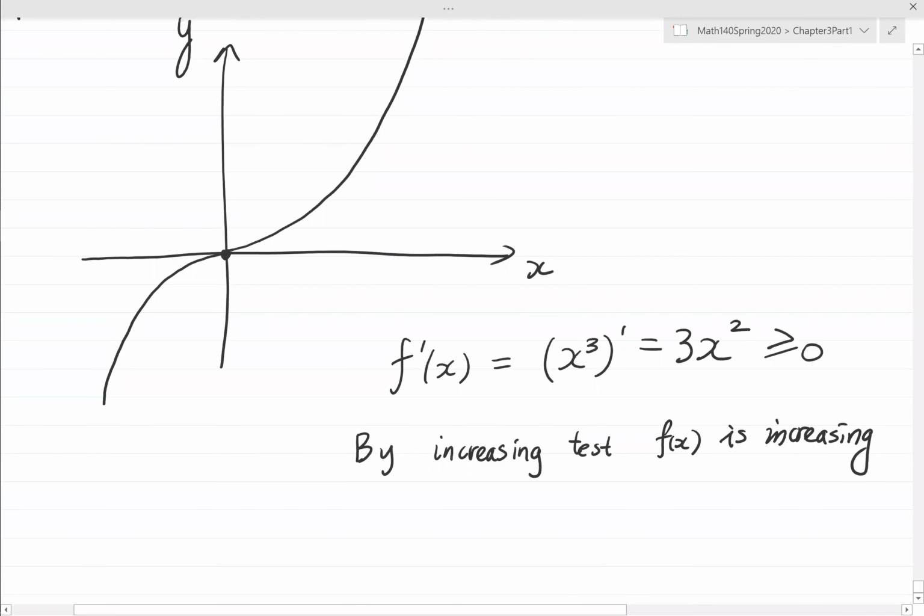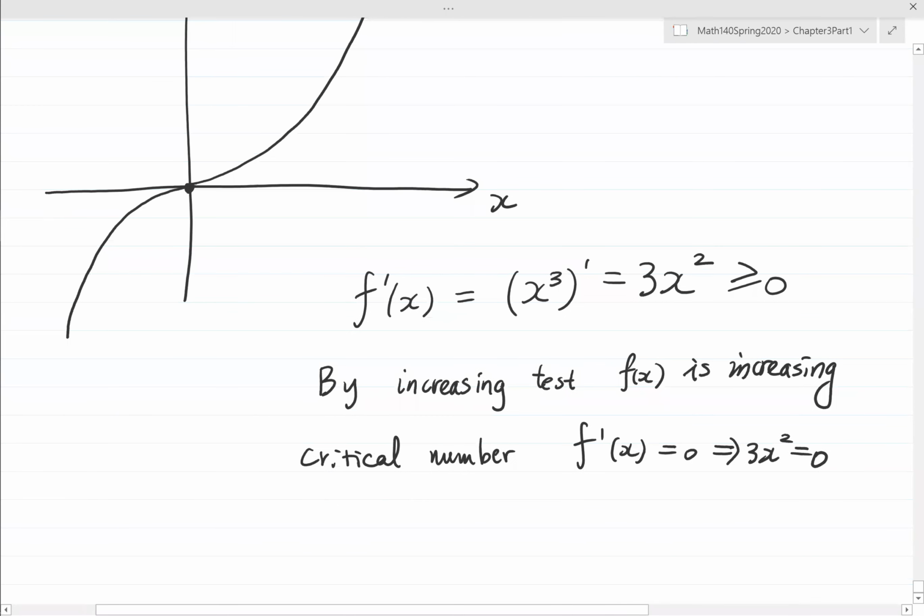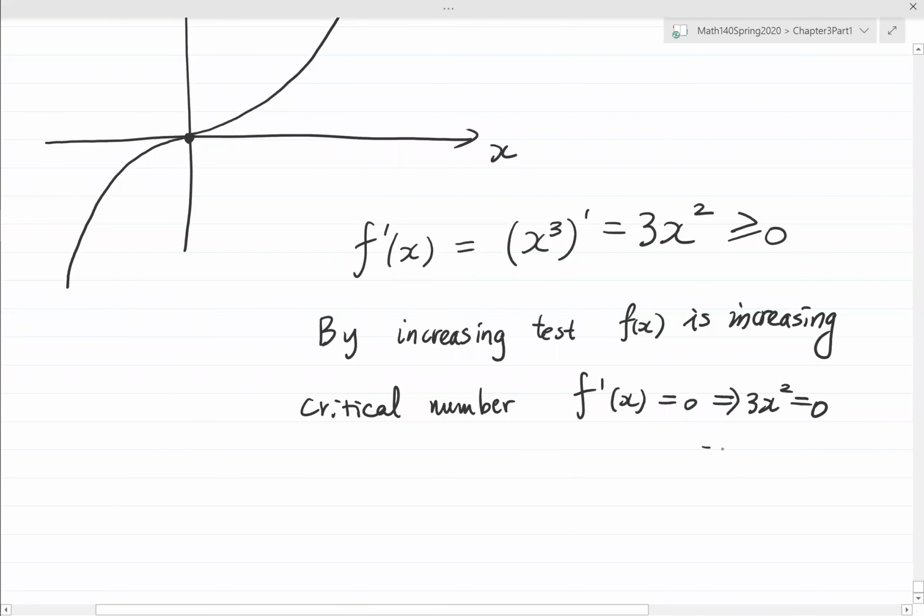Let f'(x) be 0, then we get 3x squared equals 0. Remember, the critical numbers are the x values such that the derivative vanishes or the derivative does not exist. So here 3x squared is 0, which implies x is 0.